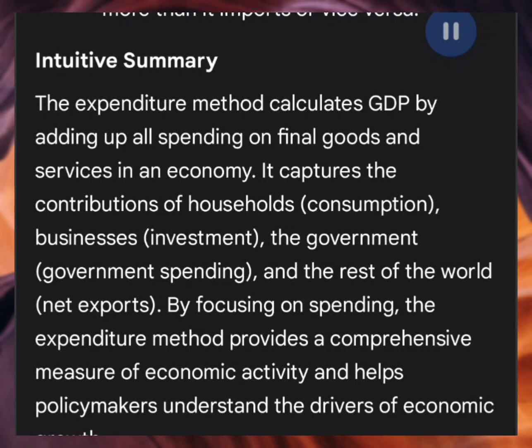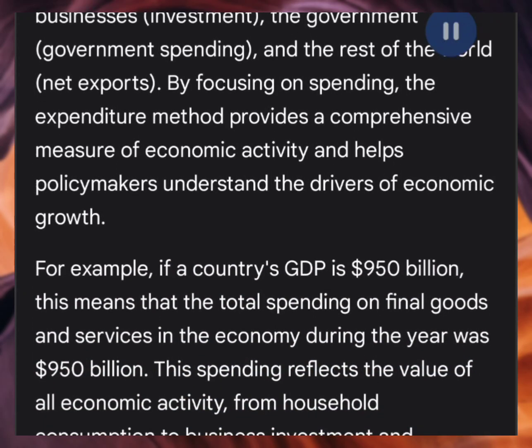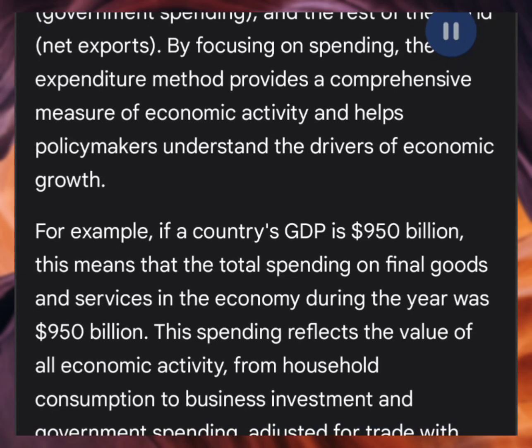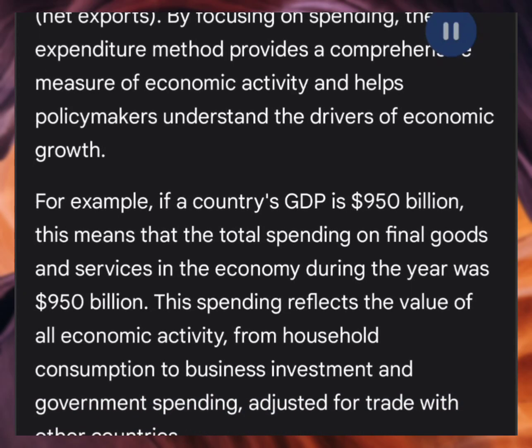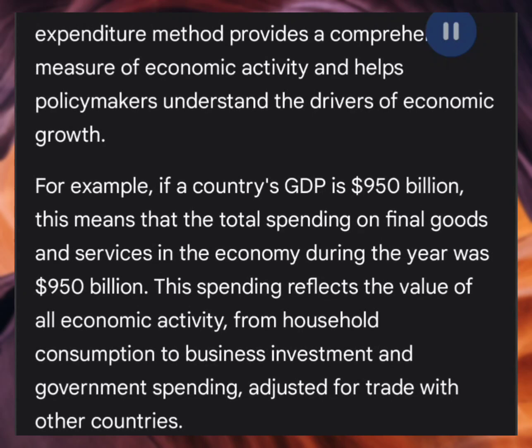For example, if a country's GDP is $950 billion, this means that the total spending on final goods and services in the economy during the year was $950 billion. This spending reflects the value of all economic activity, from household consumption to business investment and government spending, adjusted for trade with other countries.